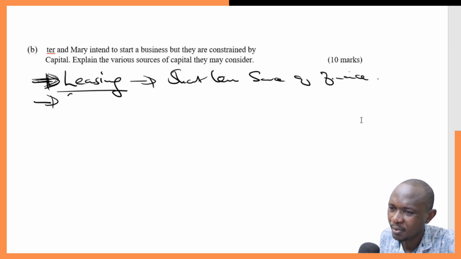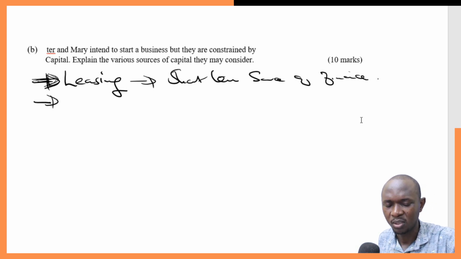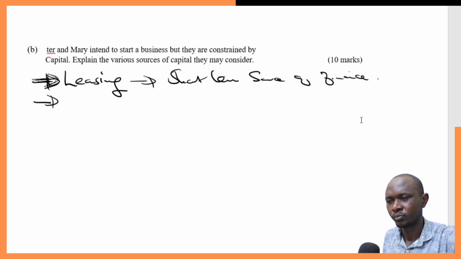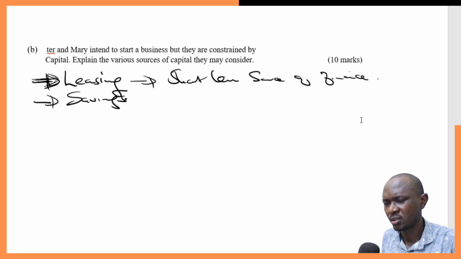Then we also have credit. Of course, the most common one is savings.